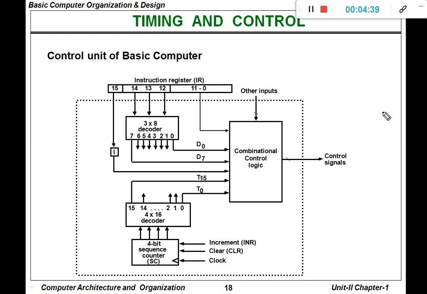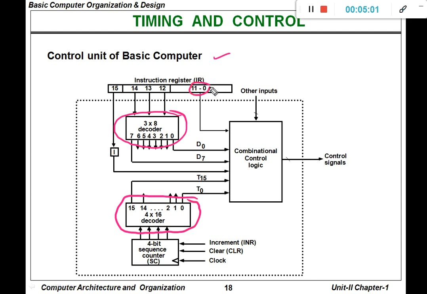If you see the mechanism of the hardwired control, the control unit of the basic computer will look like this. Here we are going to use two decoders. This is one decoder and this is another decoder. Already we have seen the instruction format for the instruction register.